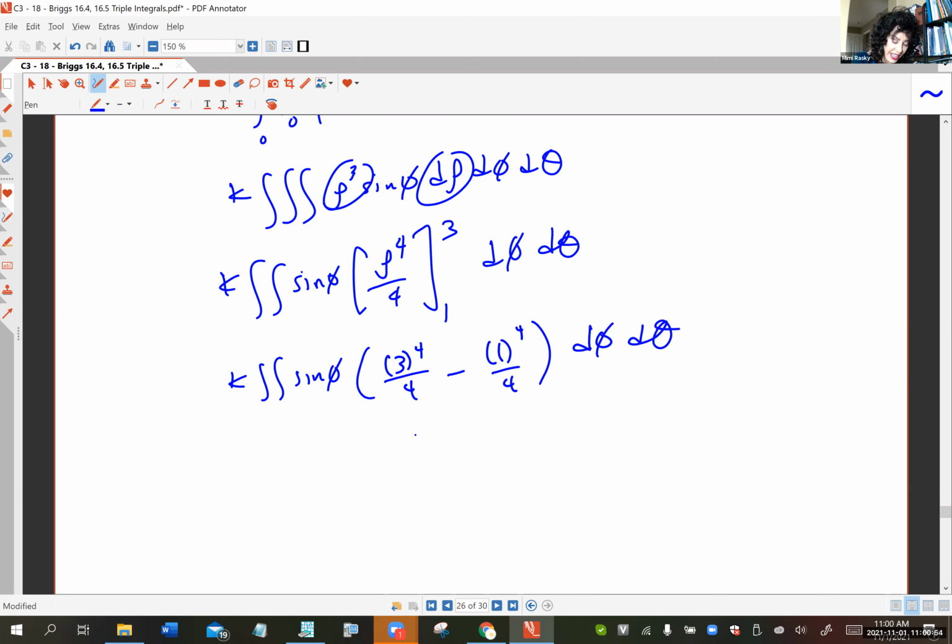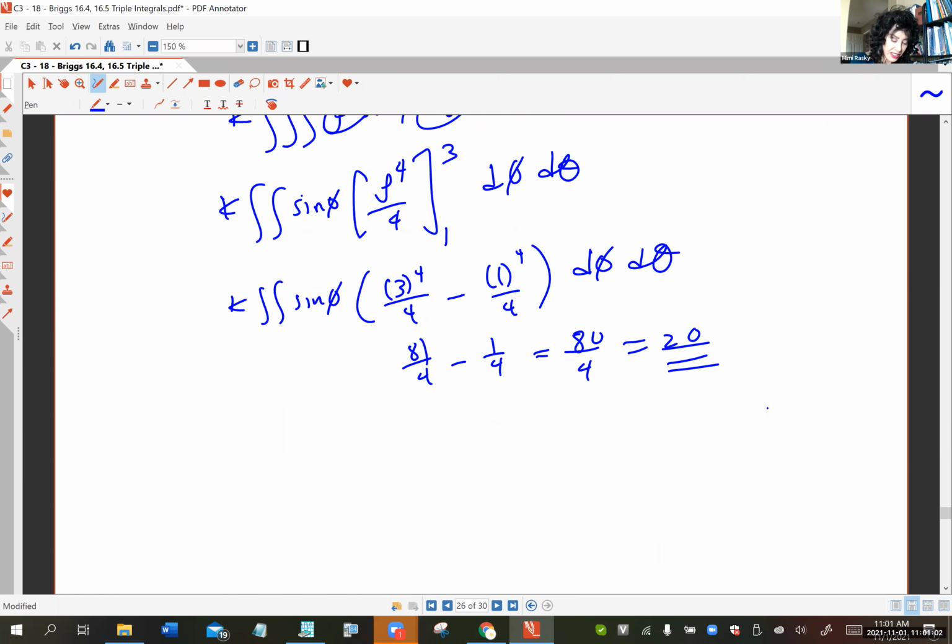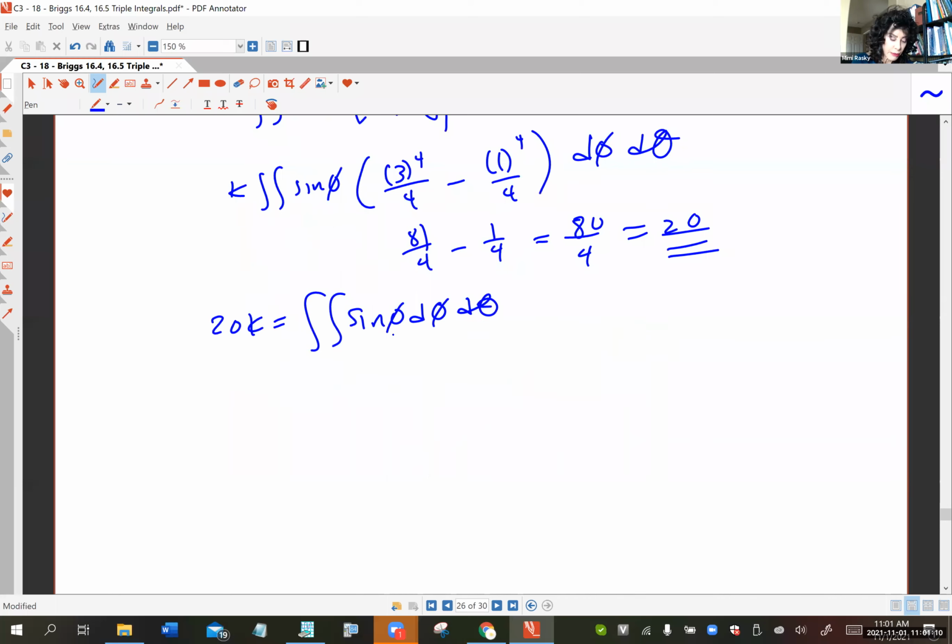I know, what the heck is that? 81 fourths minus 1/4. That's not too bad. It's 80 fourths, which reduces to 20. So that's just a multiple. So I'm going to pull the multiple of 20 out in front, and then I only have a double integral left. That 20k is not in front of an equals, sorry.